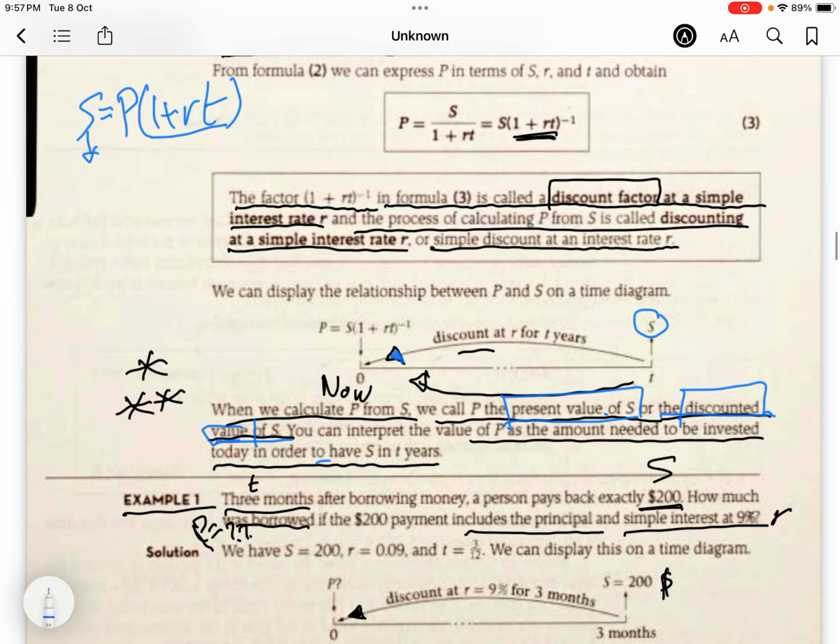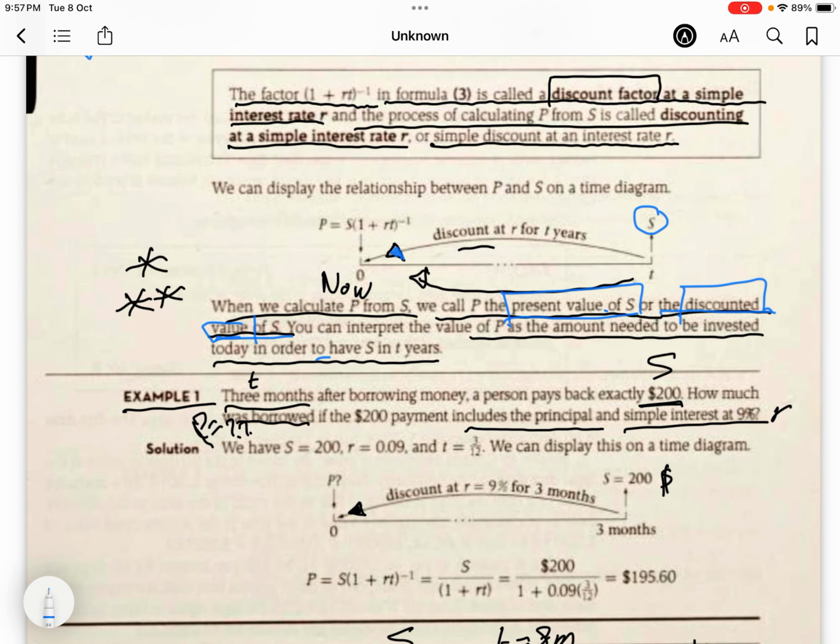Example number 1. After borrowing money, 3 months later, a person pays back exactly $200.